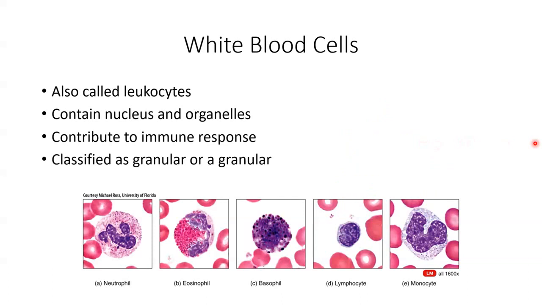White blood cells, also called leukocytes, are different from red blood cells in that they do contain a nucleus as well as a full complement of organelles. They are far less in number compared to red blood cells, although they do increase in number as a protective response to things like stress, invading microbes, strenuous exercise, and surgery.